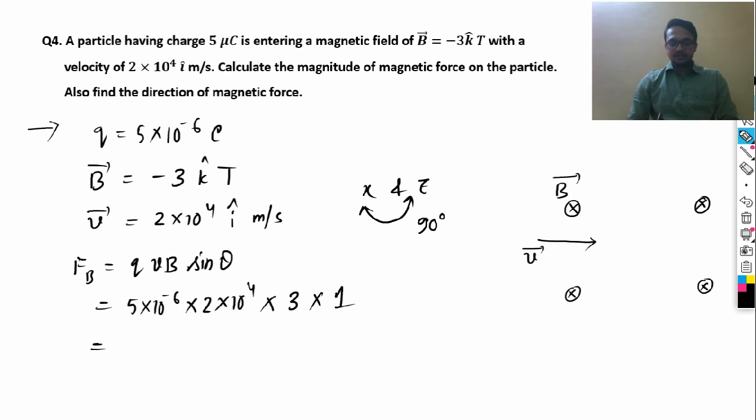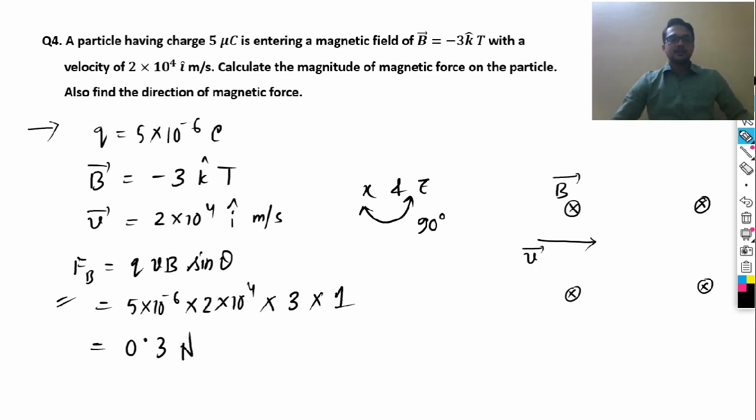That means 5 into 10 to the power minus 6, into 2 into 10 to the power 4, into magnetic field 3. So here we are getting 0.3. Let's check again. Yes, so 0.3. What will be the unit? This is force. Force means Newton, right?